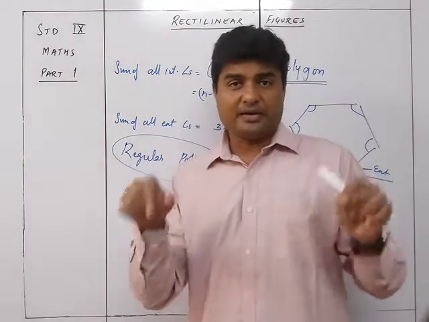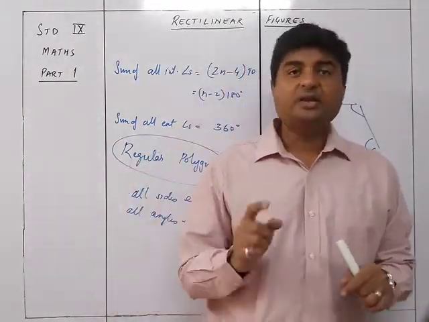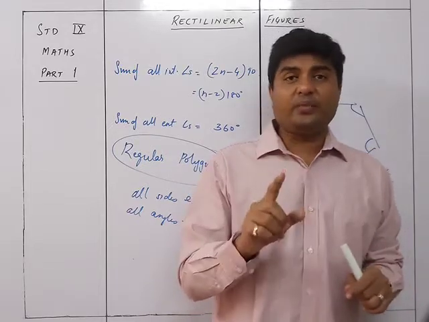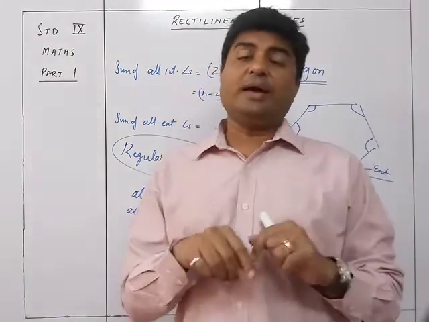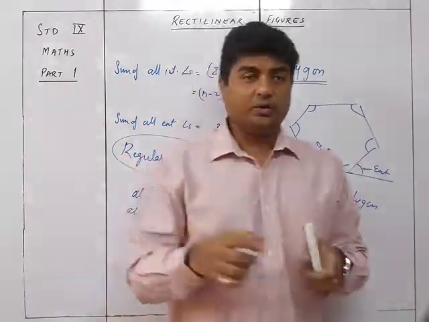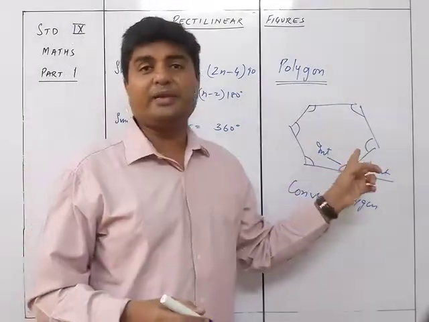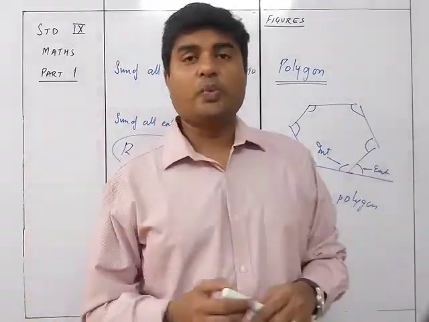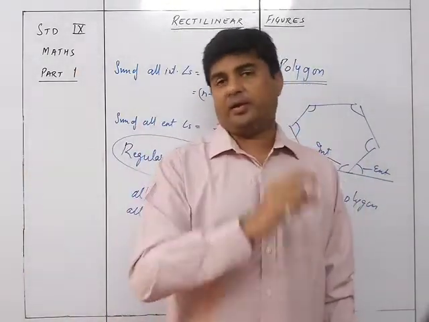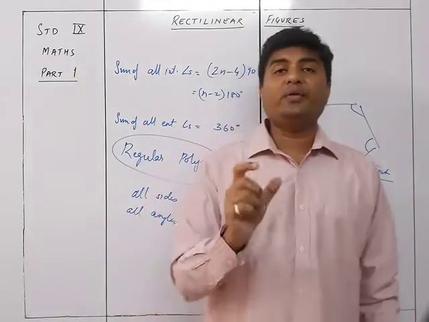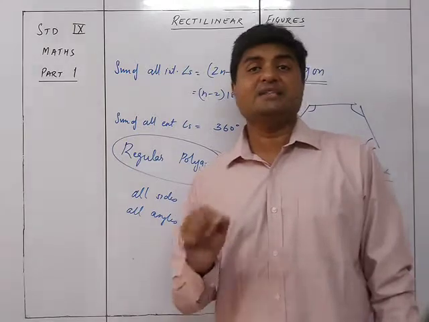So an equilateral triangle is a regular polygon. In case of quadrilaterals, a square has all its sides equal and all angles 90 degrees, so a square is a regular polygon. A pentagon with all sides equal and all angles equal will be a regular pentagon. Suppose this is a hexagon in which all sides and all angles are equal, then this will be a regular hexagon. Whenever you write regular hexagon, regular pentagon, regular triangle, it means that all its sides and all its angles are equal.